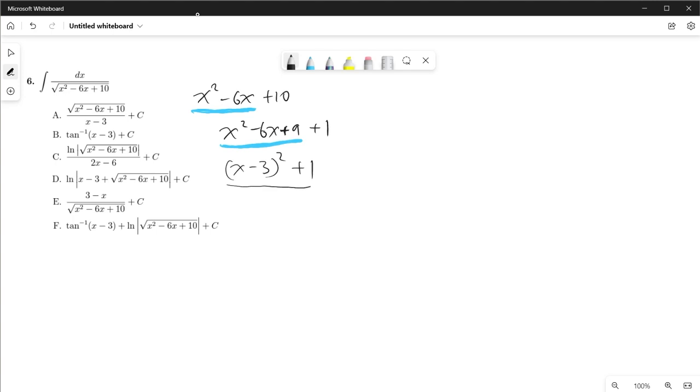So now I can use trig sub to solve this question. I can first make a u sub of u equal to x minus 3, then du will just be dx, so no need for changing dx there. Then I can have my integral being 1 over square root of u squared plus 1 du.